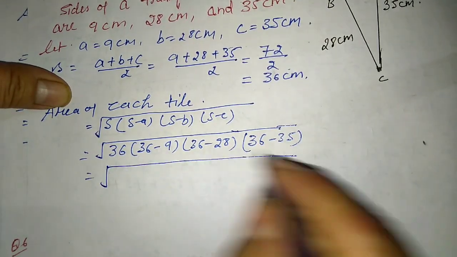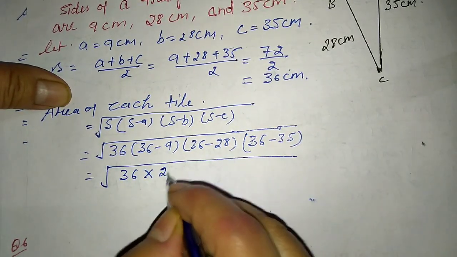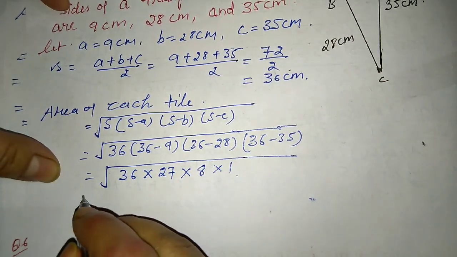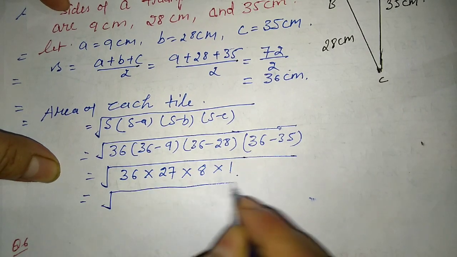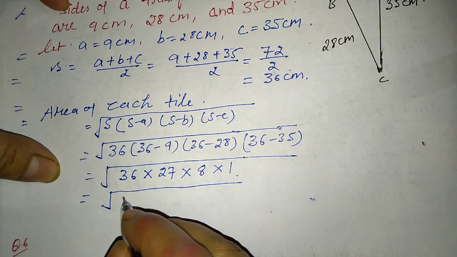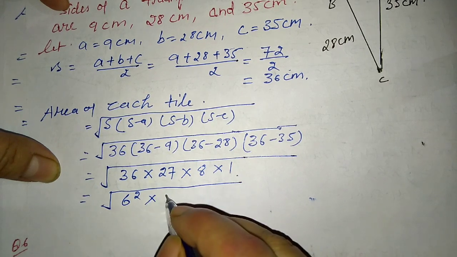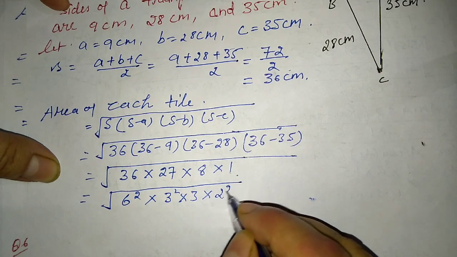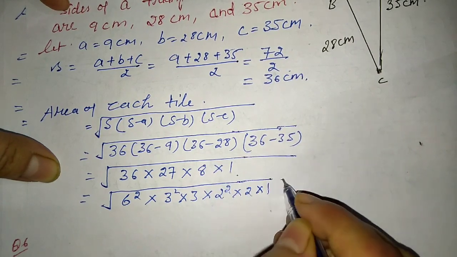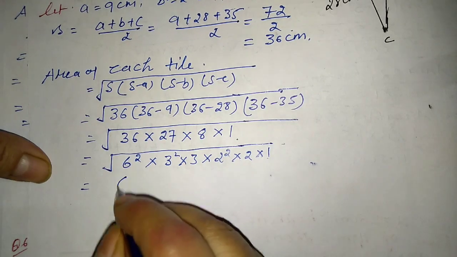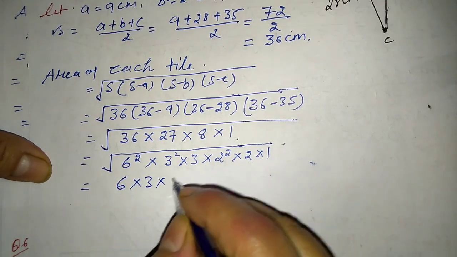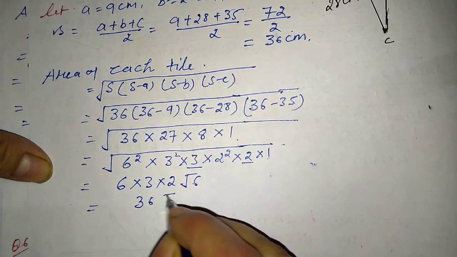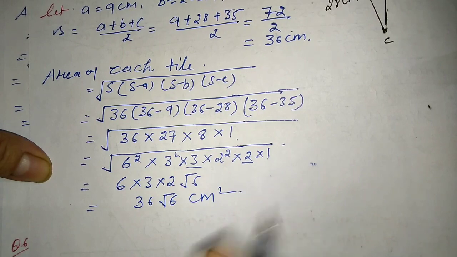So we have 36, this will be 27, this is 8, and this is 1. We can write 36 as 6 squared, 27 as 3 squared into 3, and 8 as 2 squared into 2 into 1. So 6 can come out, 3 can come out, 2 can come out, and 3 times 2 is 6 remains inside. So this will be 36 root 6 centimeter square.